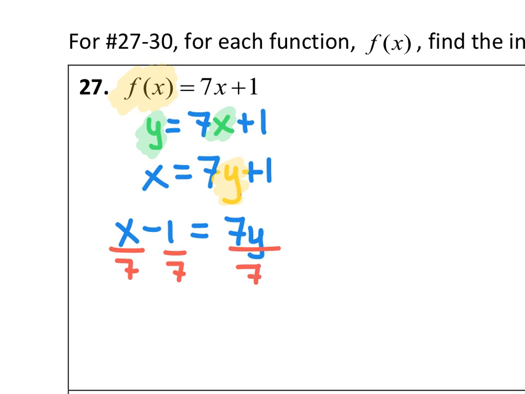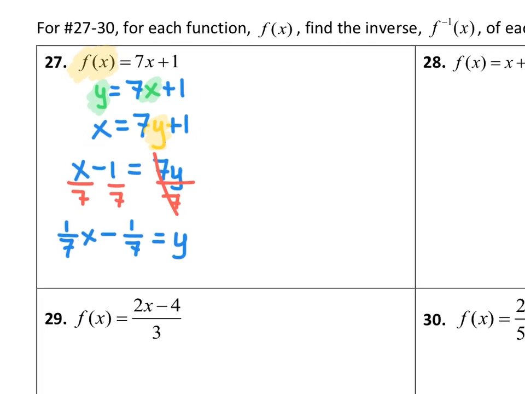And what happens then in this first term is that I get 1/7 x. In the second term, 1/7 can't be simplified, so it's just minus 1/7. And then remember in this last term, that's where your 7's cancel and leave y all by itself.